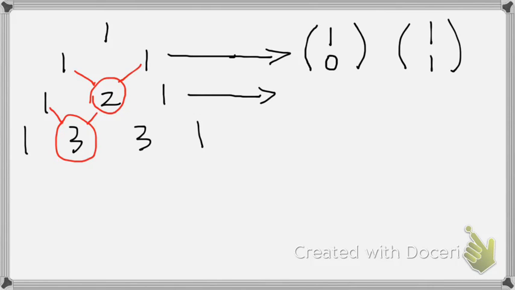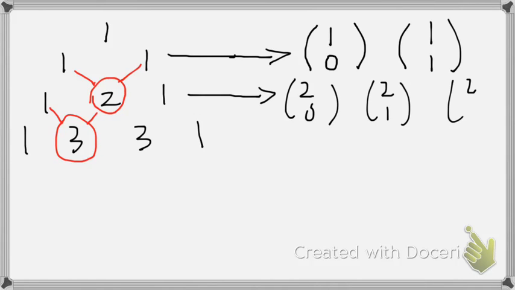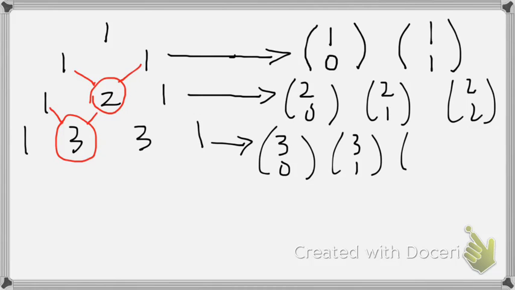And the second row would just be 2 choose 0, 2 choose 1, 2 choose 2, and so on. 3 choose 0, 3 choose 1, 3 choose 2, 3 choose 3.